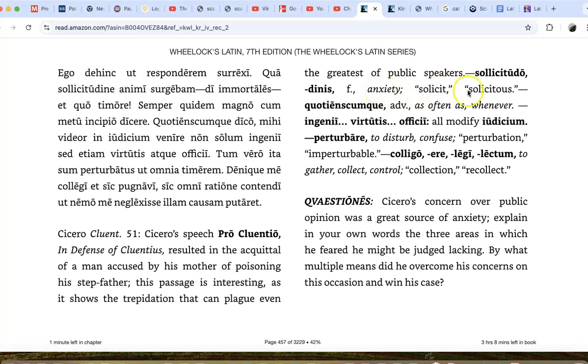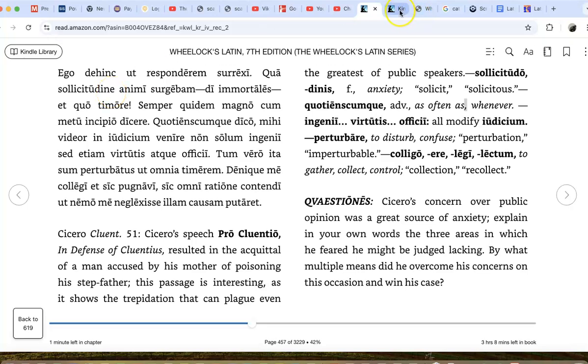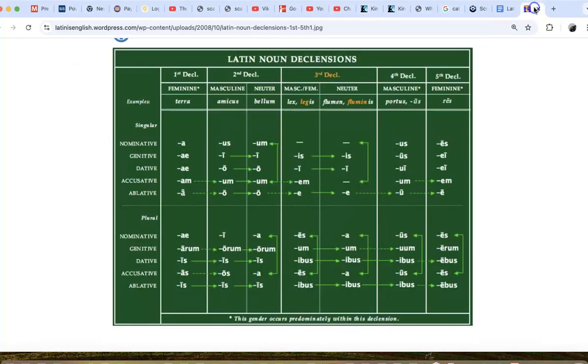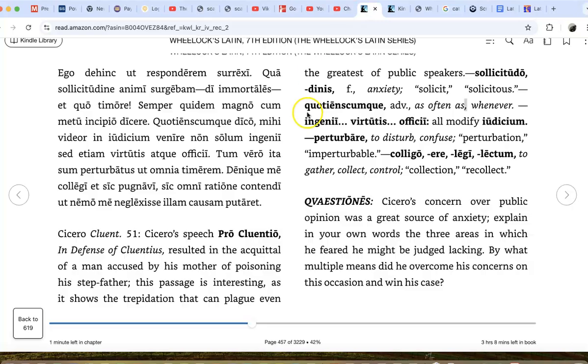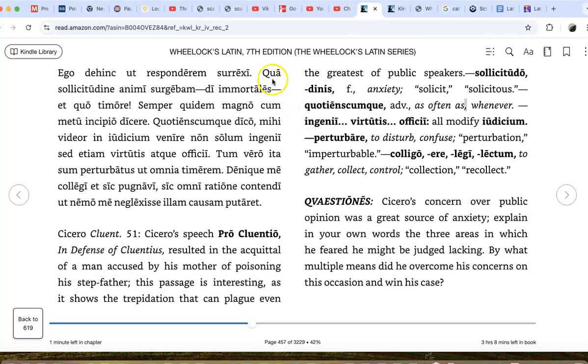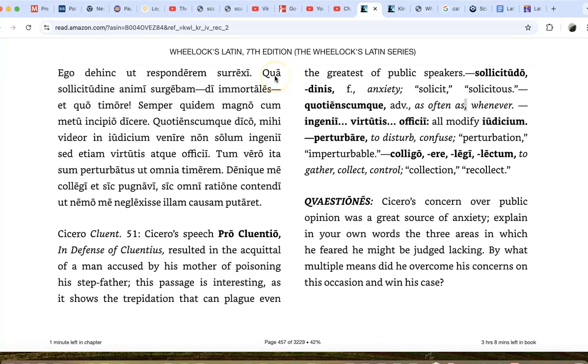So we get words like solicitous, but anxiety. But you can see it has an e here, so that tells us it is third declension ablative singular. So these are tricky. The ablative is always the trickiest. So literally, you might read this as "by anxiety," or "with anxiety" might even make more sense.